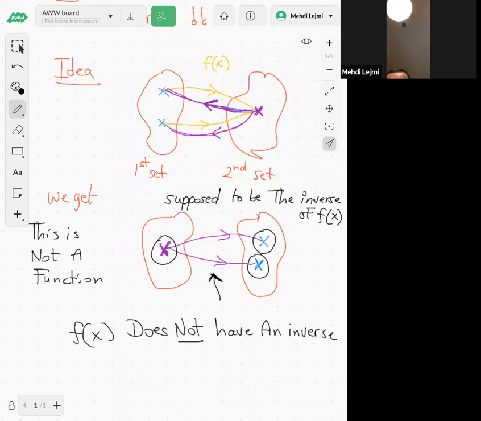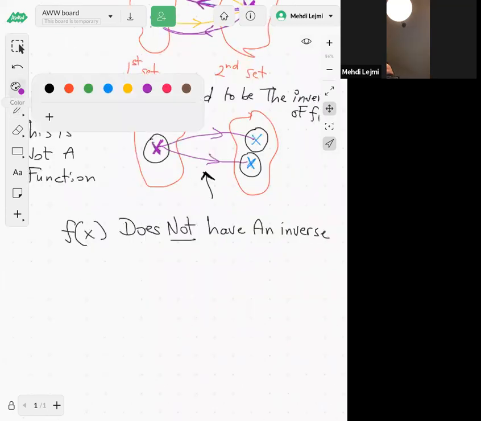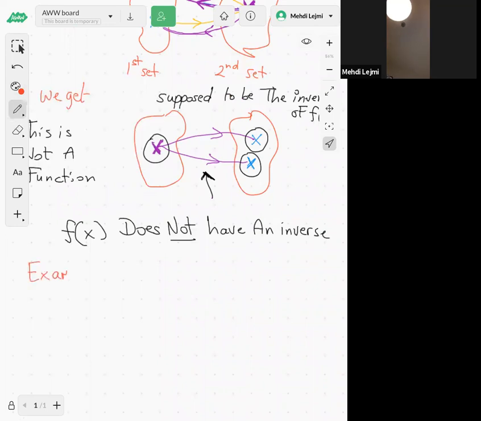So what's the problem here? The problem is, as you can see, for f of x, these two inputs have the same output, right? And that's okay. For a function, it's okay. You can have a function with two inputs having the same output. So for example, let's take f of x equal to x squared.